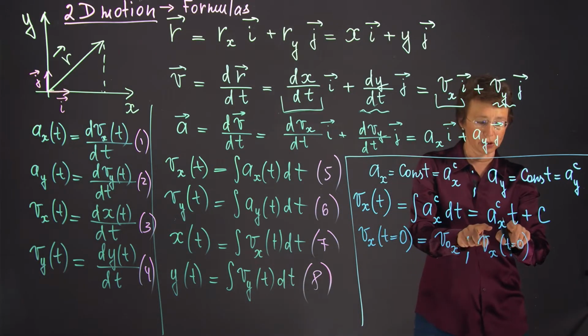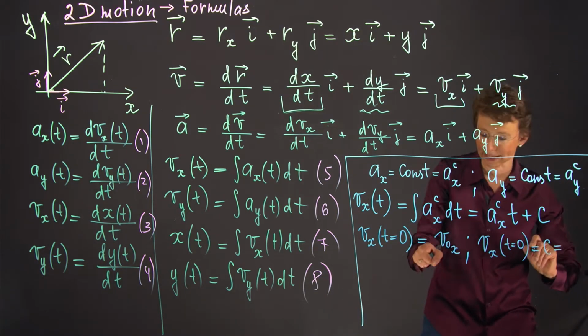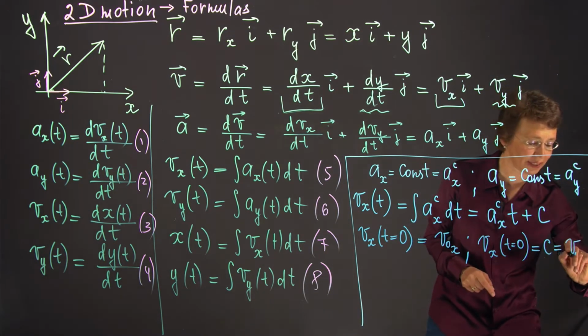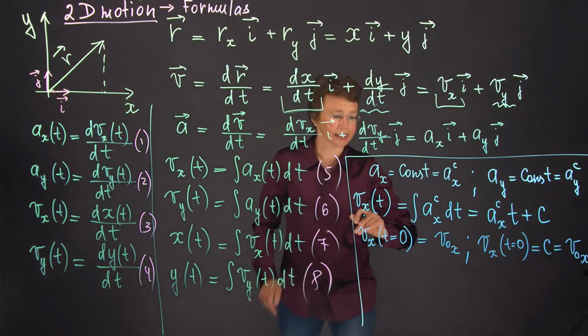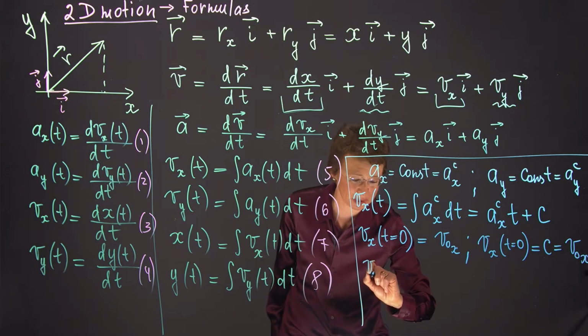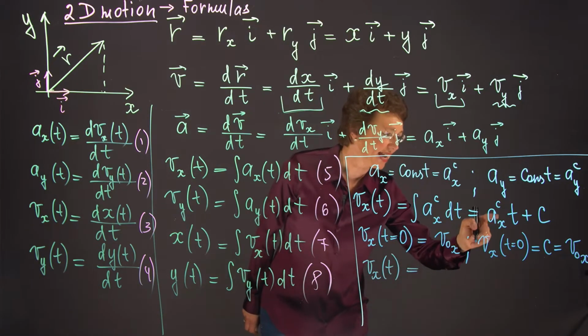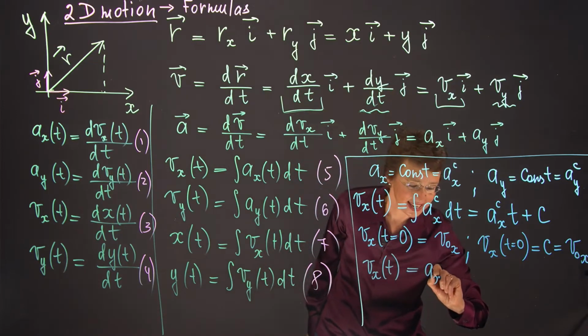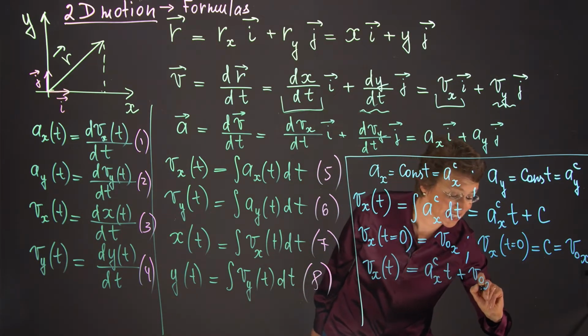At time moment 0, this guy is 0. What is left is c, and this is equal to v naught x. So what is my x component of velocity when acceleration is constant? It is Axc times t plus v naught x.